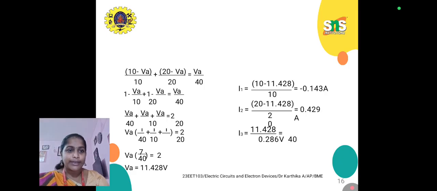And for I3, VA by 40, we get 0.286 amps. By solving the common nodes and current flow direction, we get the VA value and substitute this VA value in I1, I2 and I3. We get the current across the node, I1, I2 and I3.